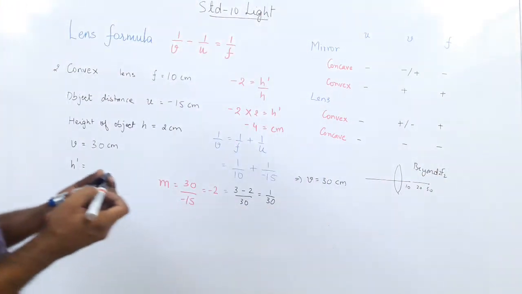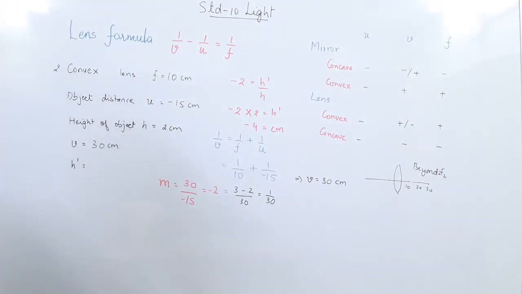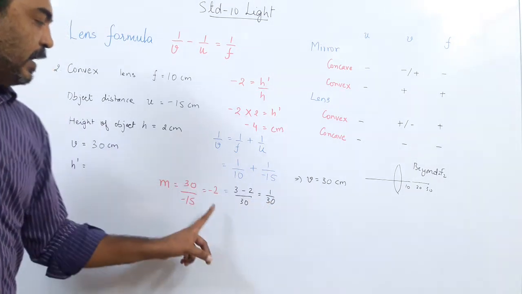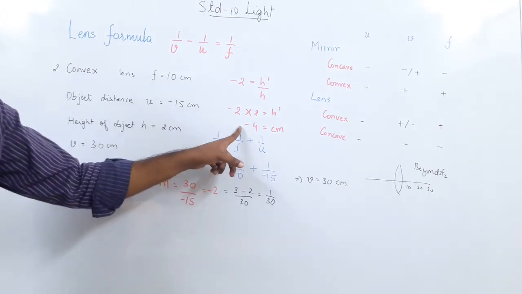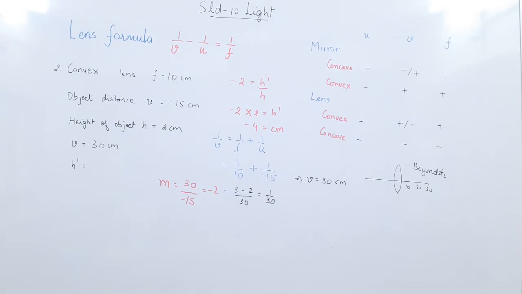It's beyond the radius of curvature. So where is the image formed? Beyond 2F2. Okay? It is real and inverted and the size is 4 centimeter. So this is another numerical we have done on the lens formula.